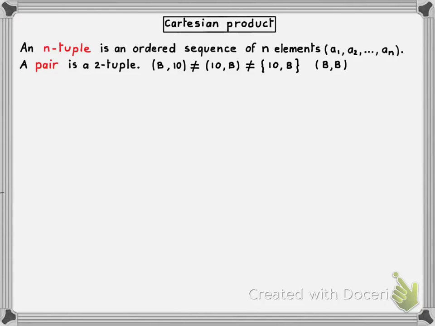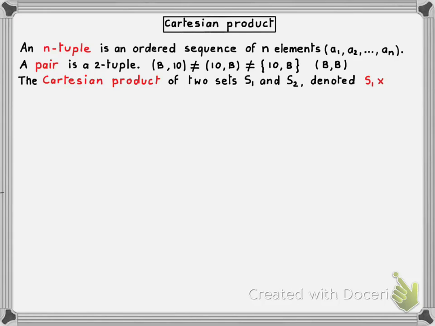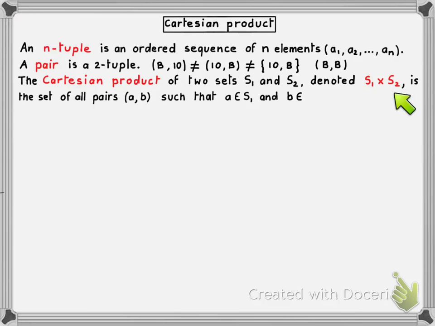Okay, so now that we're comfortable with the concept of a pair, by the way, a three-tuple is usually called a triple, and in general we deal with n-tuples. Now we can introduce the concept of a Cartesian product. By definition, the Cartesian product applies to two sets, say S1 and S2, and it's written as the multiplication of those two sets.